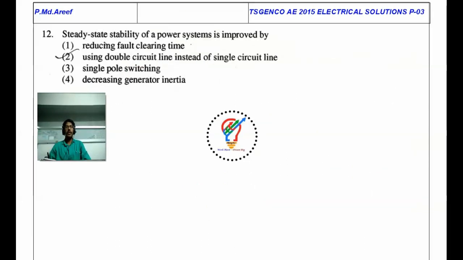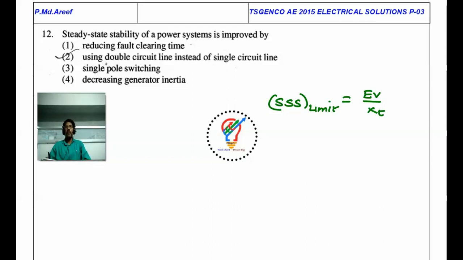The next question is, steady state stability of power system is improved by. The steady state stability limit is equal to EV by X, where E is the excitation voltage, V is the terminal voltage, and X is the total reactance of the transmission line.